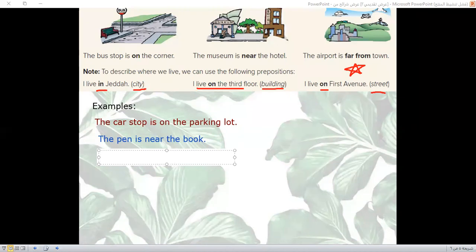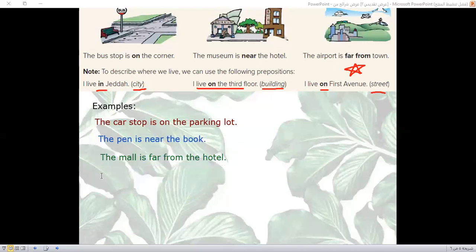Okay, let's listen to Ghala and then Farah. We will have 2 sentences. The mall is far from the hotel. Very good, thank you.